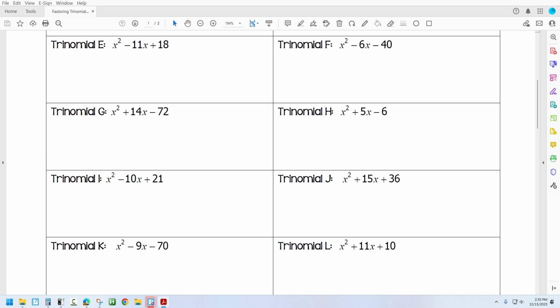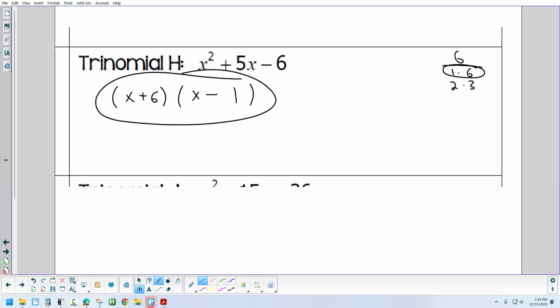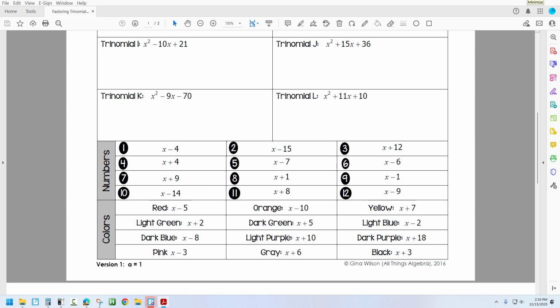Go all the way down to the bottom. Look at this top part where it says numbers. Do you see an x plus 6 or an x minus 1 in these top 4 rows?